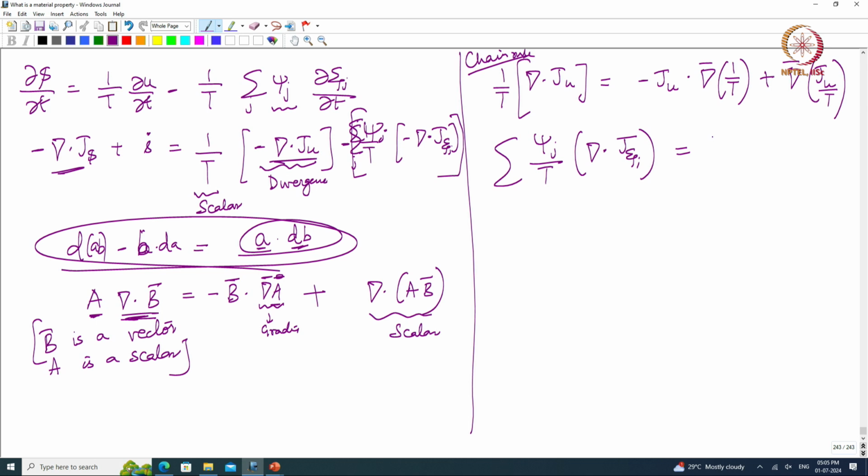So, this also I am going to just write as summation again over j. This time I have j epsilon j comes out dot, this is a vector, the flux is a vector, gradient of this potential divided by temperature, okay, plus again I have, this is minus of this plus epsilon j by T times sigma j, okay.